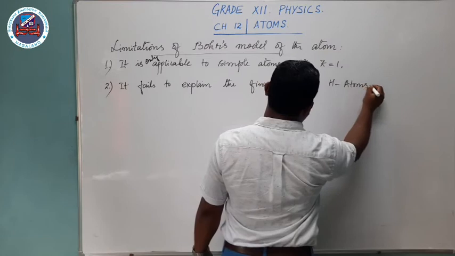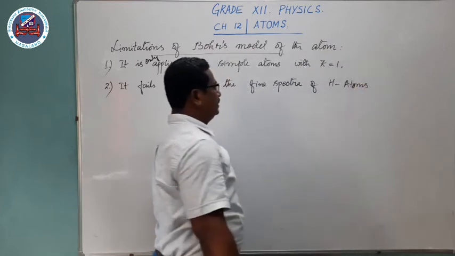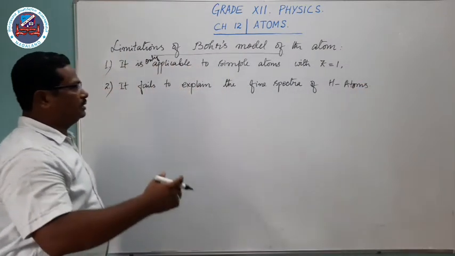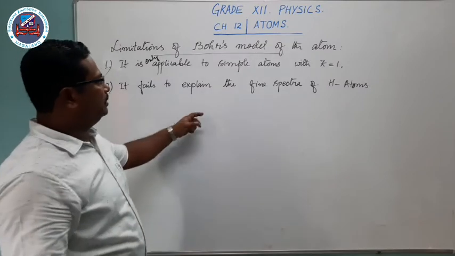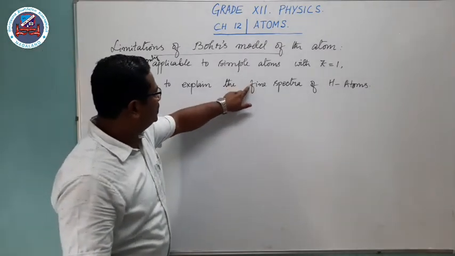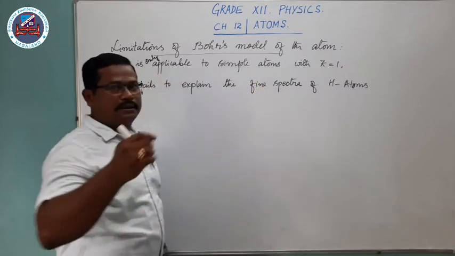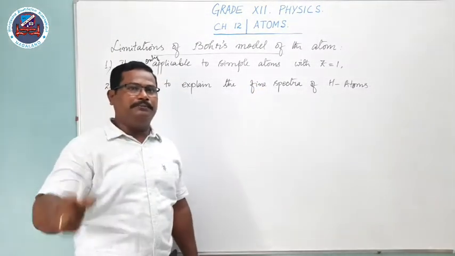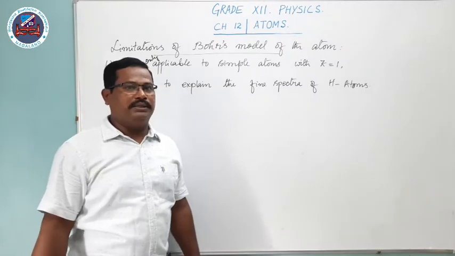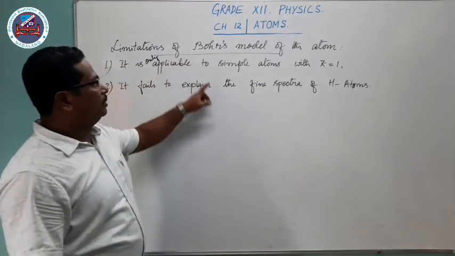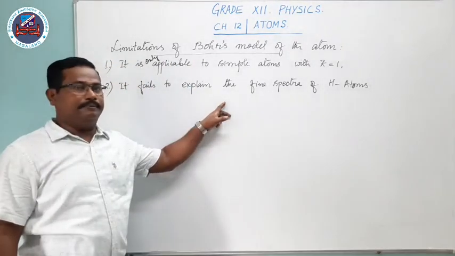It explains line spectra, it explains the different spectra produced by the hydrogen atom, but some more fine spectra are observed in the hydrogen atom. Those things Bohr's model could not explain.